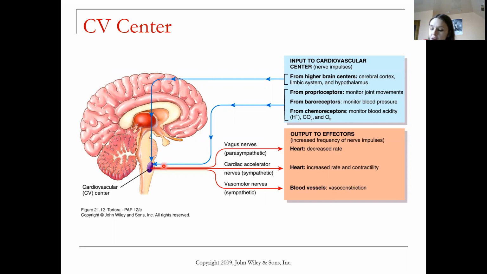The same with conscious stress conditions, during exams or something like this, when you are very nervous: the cerebral cortex will play a part in the influence on the cardioaccelerator center or vasomotor centers. Also, information could be sent through the proprioceptors that monitor joint movements.